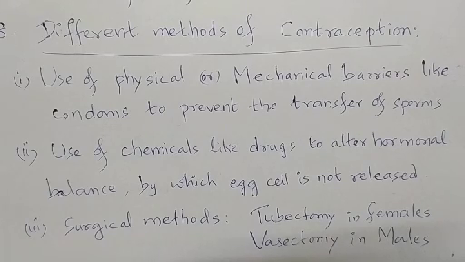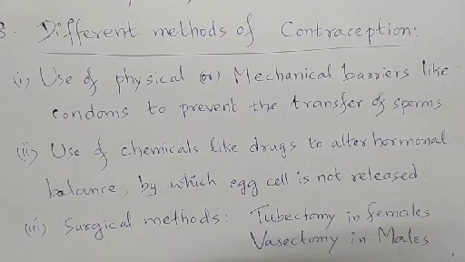Physical or mechanical barriers, that is use of either condoms during the sexual intercourse process, or use of IUDs, intrauterine devices. Already I have explained about it in previous classes. You can go through it, like a copper T. Right? So intrauterine device is copper T.